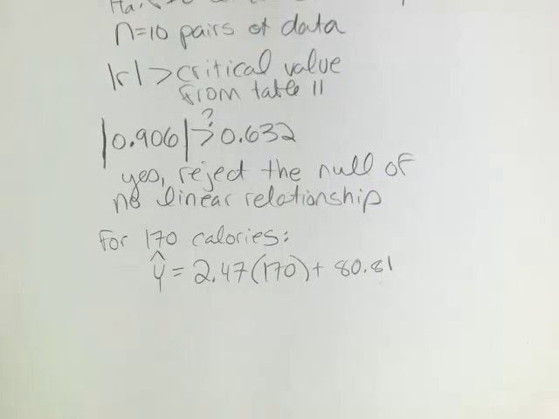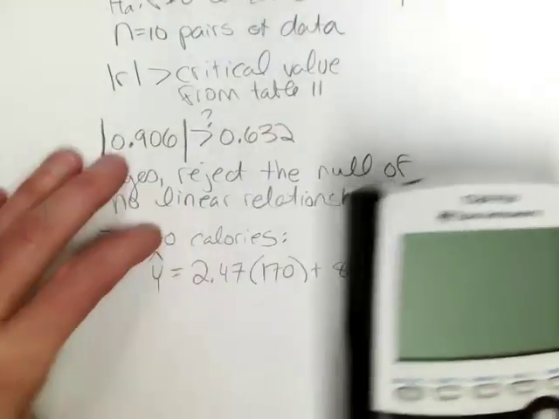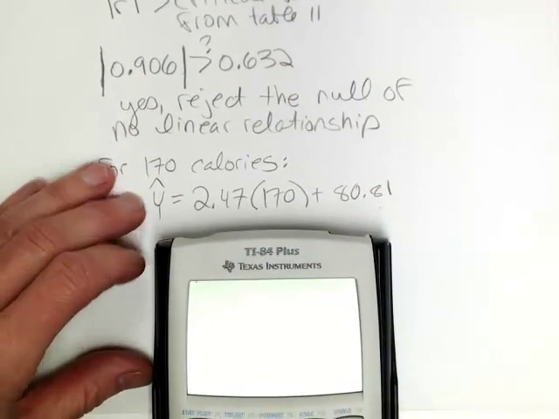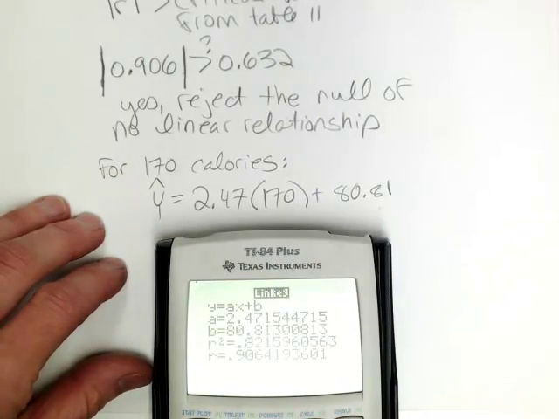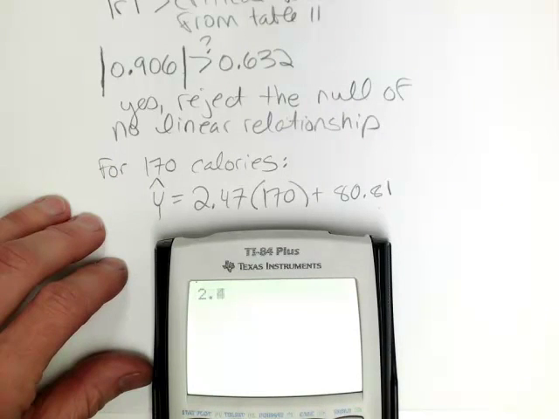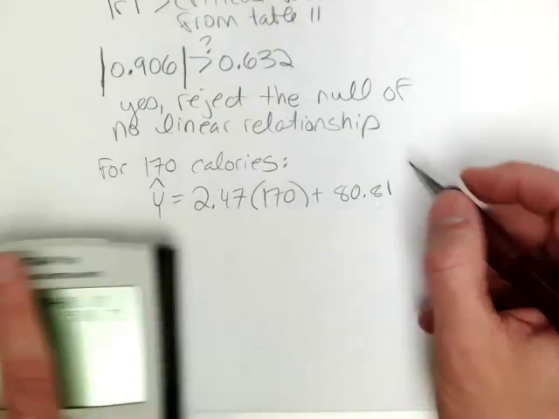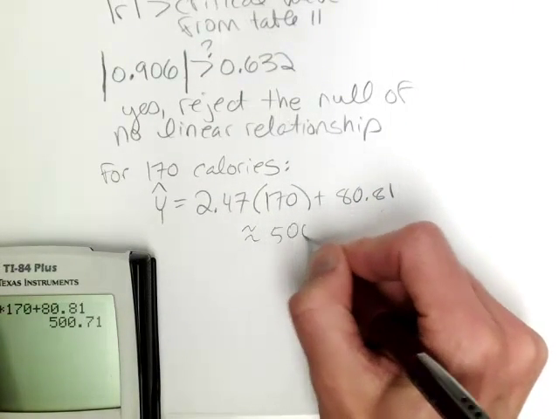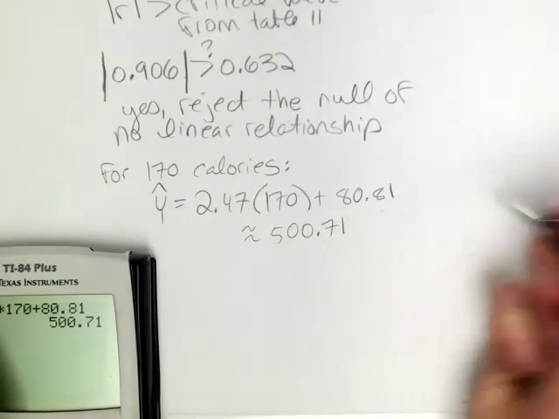You just want to make sure you round as directed in the homework. So 2.47 times 170 plus 80.81 is about 500.71.